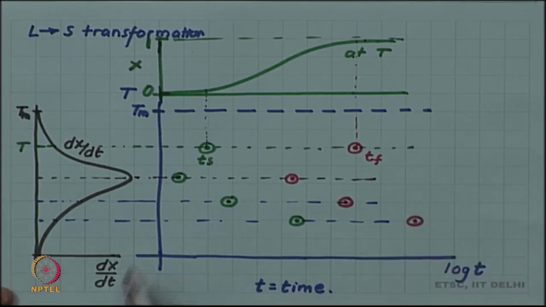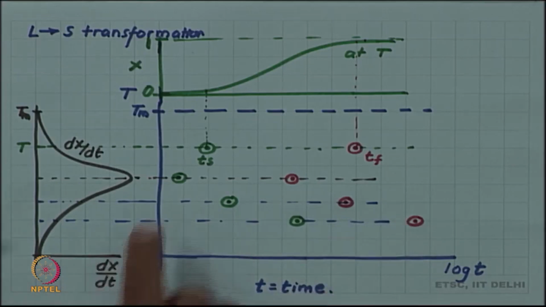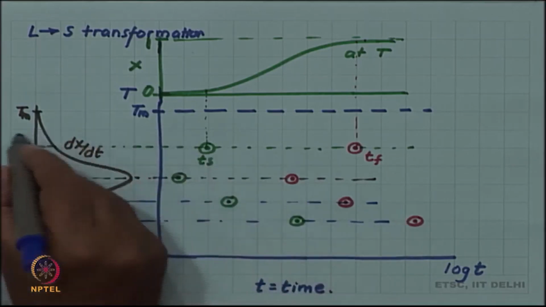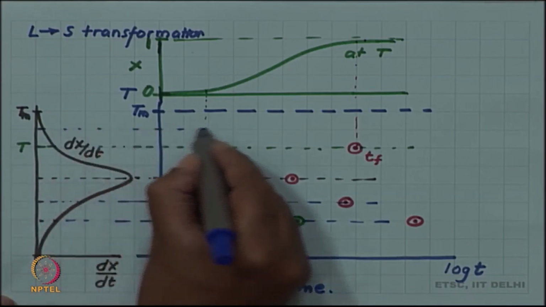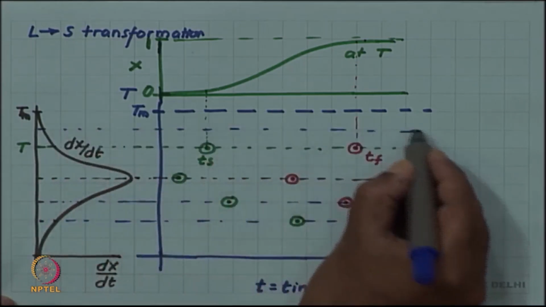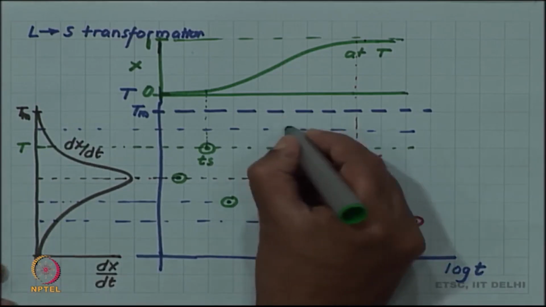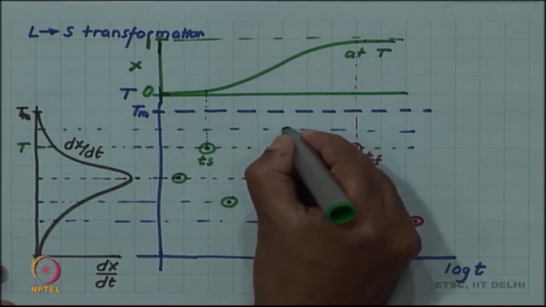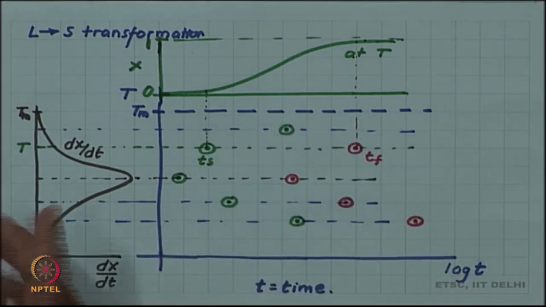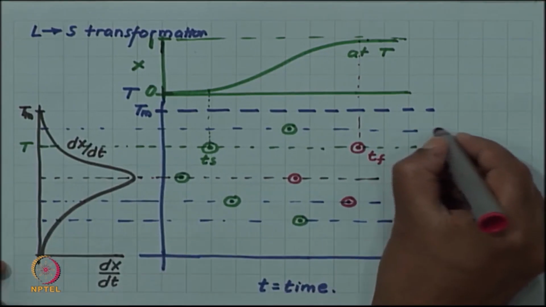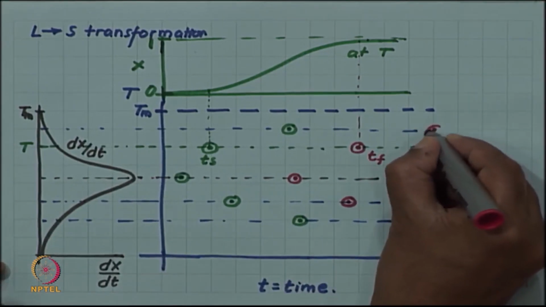And similarly at high temperature, as you try to reach closer and closer to the melting temperature, the reaction is becoming slower and slower, the transformation rate is becoming slower and slower. So, you will take more and more time to start and finish the transformation.